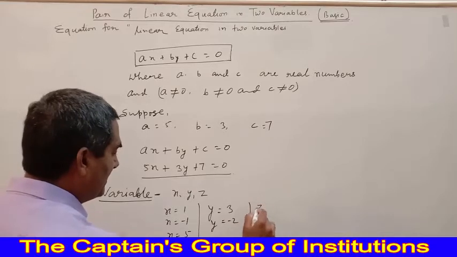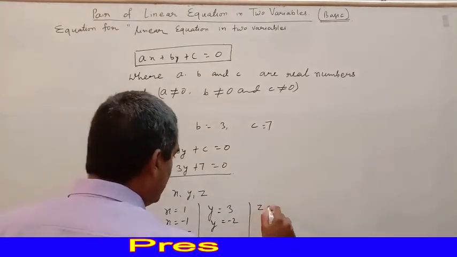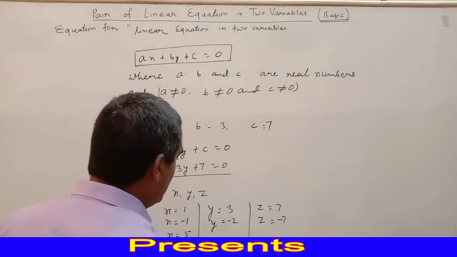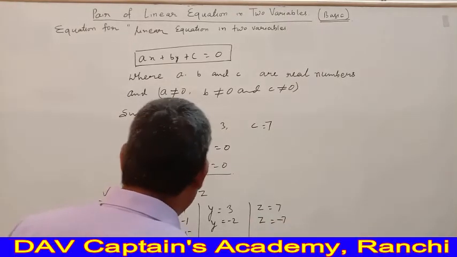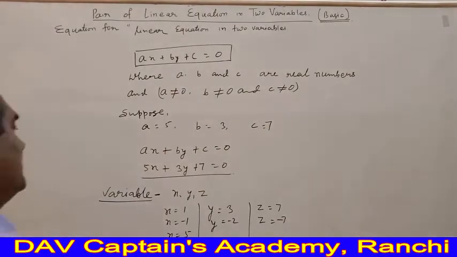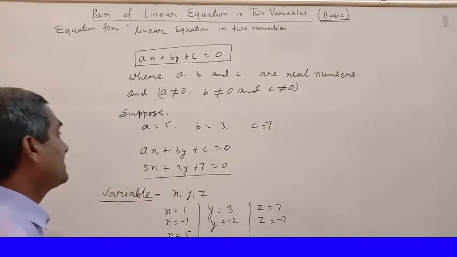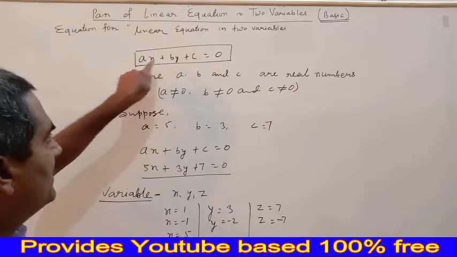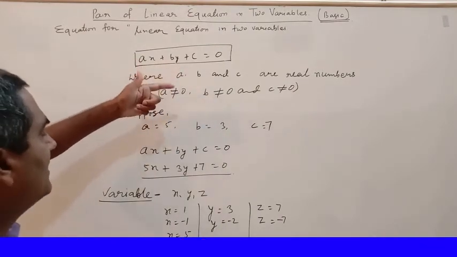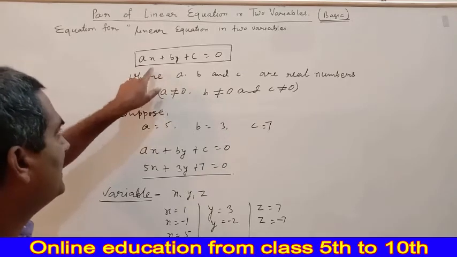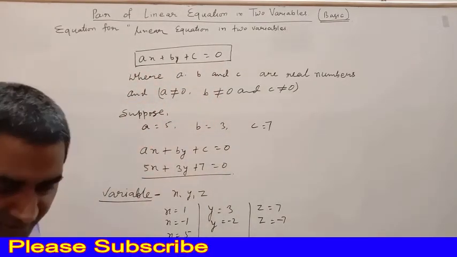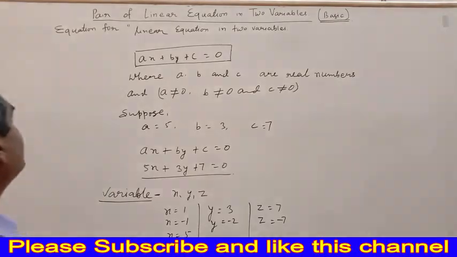And if z is equal to 7, z can also be minus 7. So any value can be taken by x, y, z. So these are called variables. So in the equation, if we have two variables x and y, then this equation is called the linear equation in two variables.